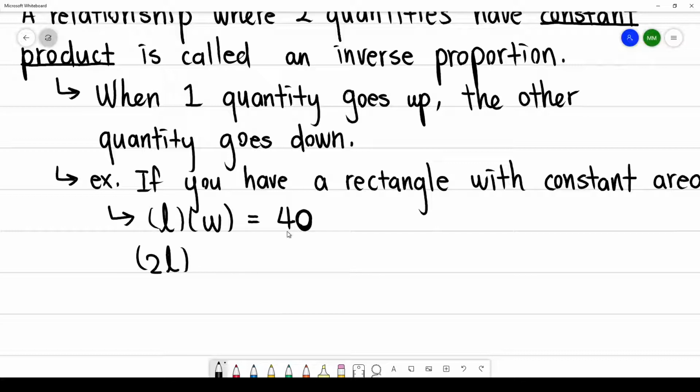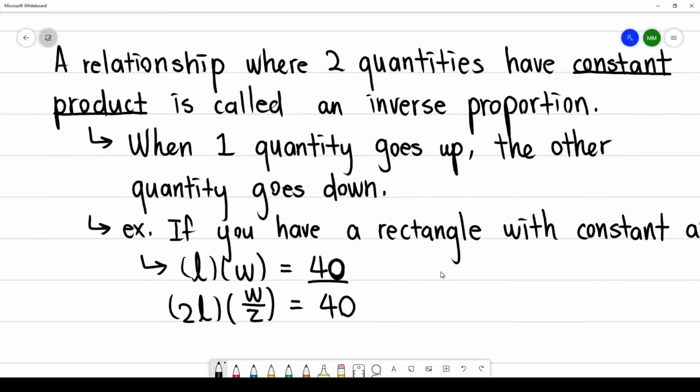In order to keep this 40, I have to divide the width by 2. So the 2 here and the 2 over here cancel out, and we are left with L times width again, which again equals 40. So that's the property of an inverse proportion.